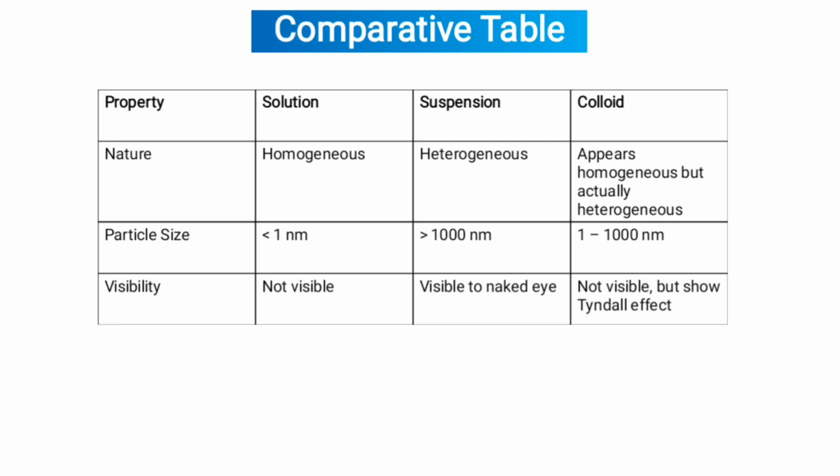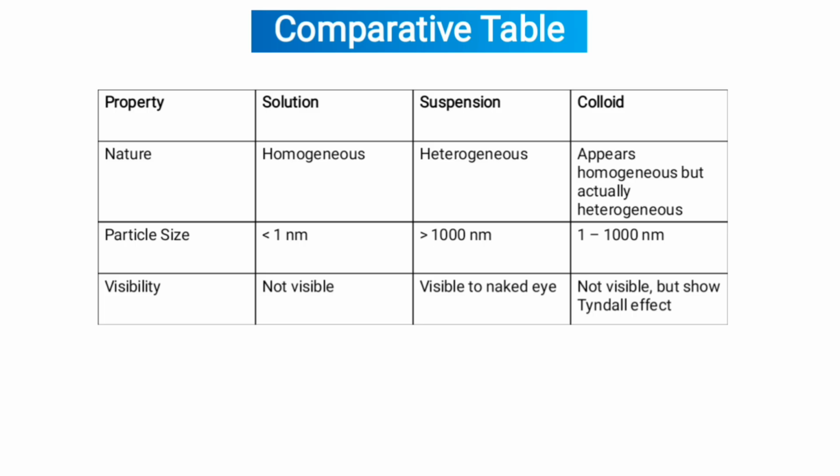Now, comparative table of solution, suspension, and colloids. Property, the first one, nature. Nature of solution is homogeneous, nature of suspension is heterogeneous, and colloids appear homogeneous but are actually heterogeneous.